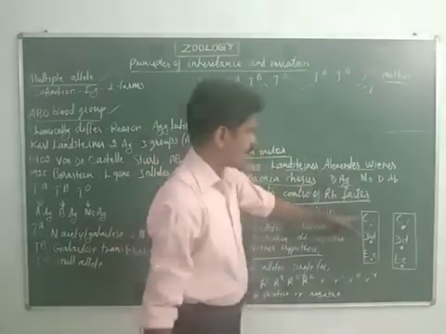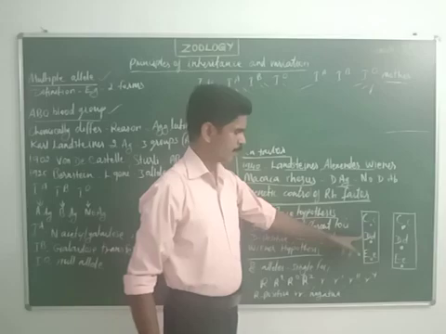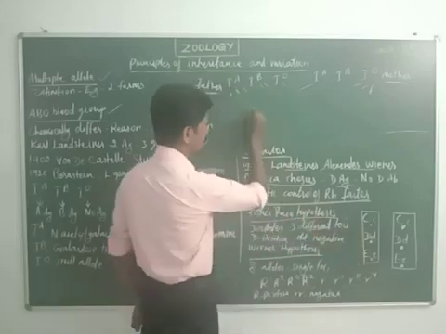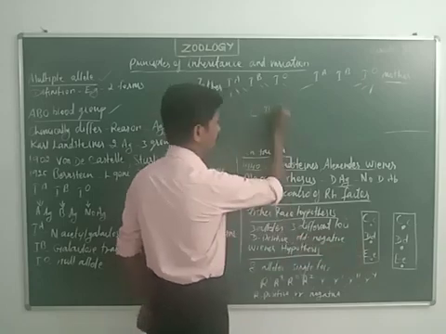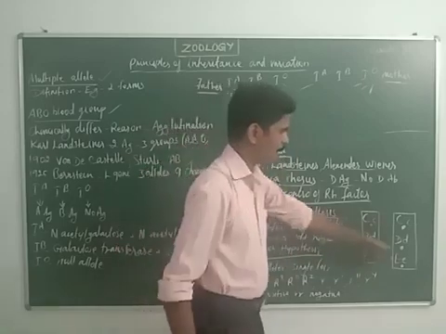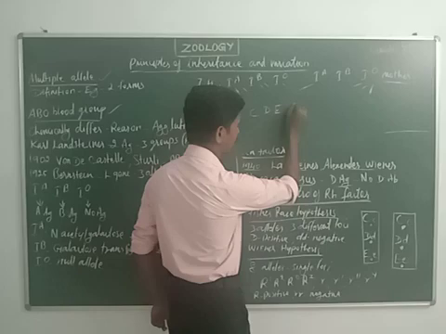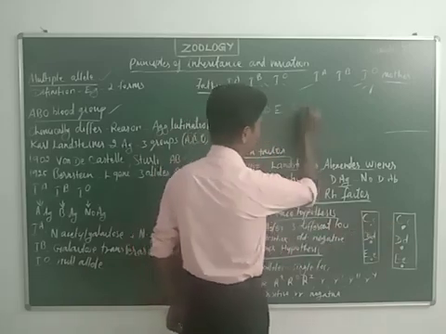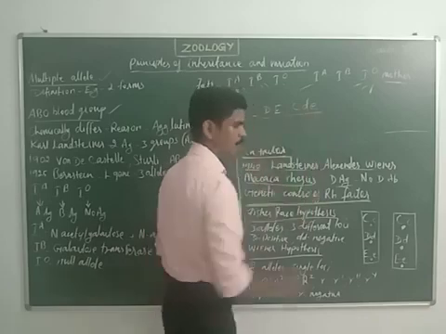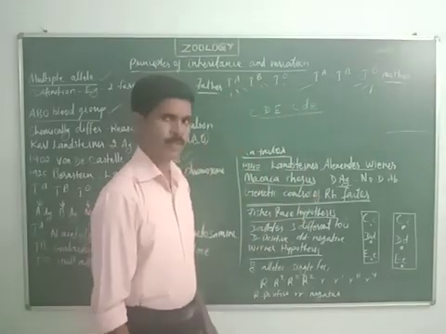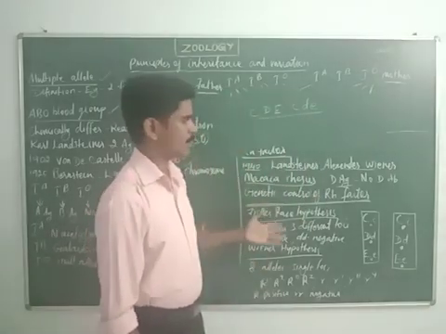Now from this chromosome, I take all the capital letters: capital C, capital D, and capital E. And from here, I take all the small letters: small c, small d, and small e. So this is one genotype. Then I can draw another genotype.